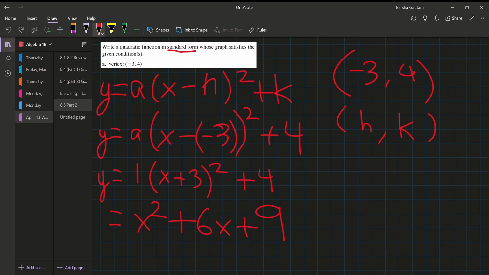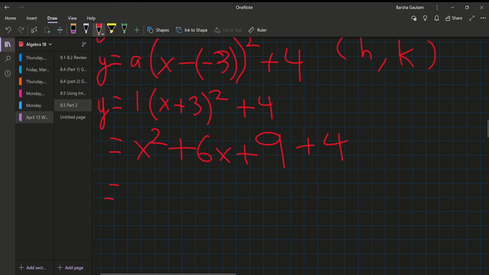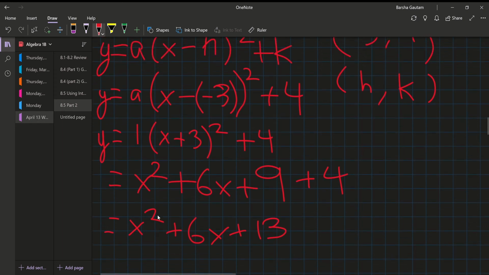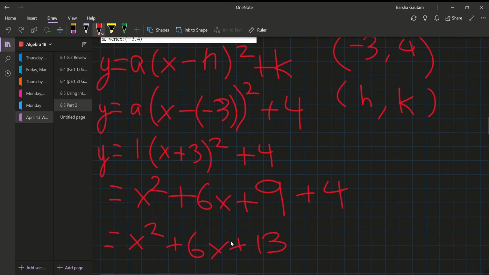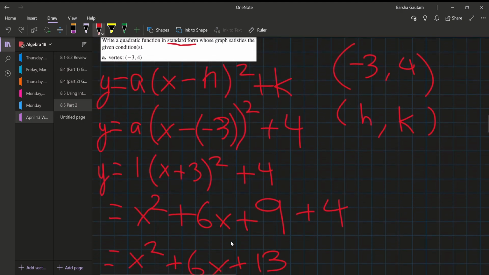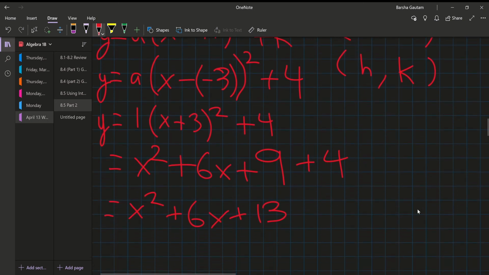Am I missing anything in here so far? Yes, I'm missing that plus 4. So now we can simplify this and combine like terms. 9 plus 4 is 13. And that would be a function that represents the vertex that we're provided with in standard form as well.